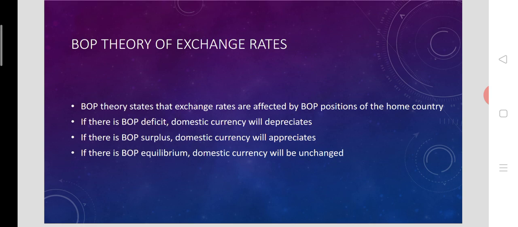Similarly, during BOP equilibrium, the demand for foreign currency will be equal to the supply of foreign currency, then the domestic currency's value will remain unchanged. So this is the balance of payment theory of exchange rate determination. It is also called the demand and supply theory of exchange rate determination.